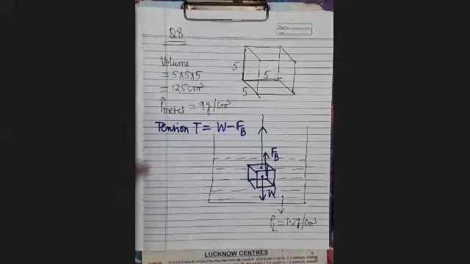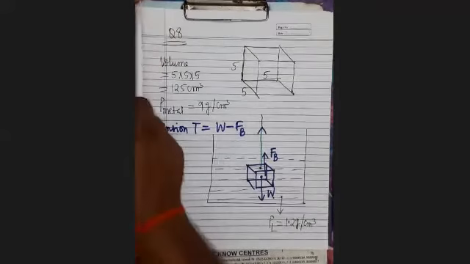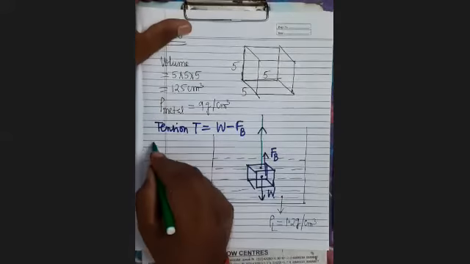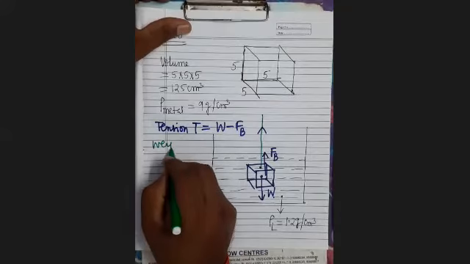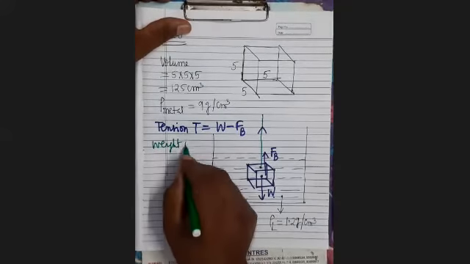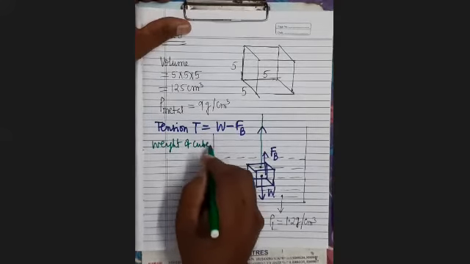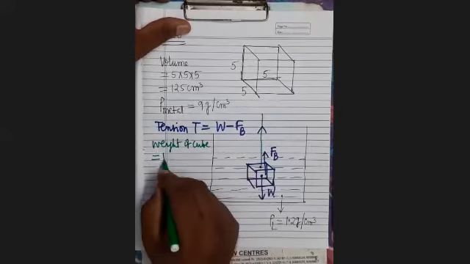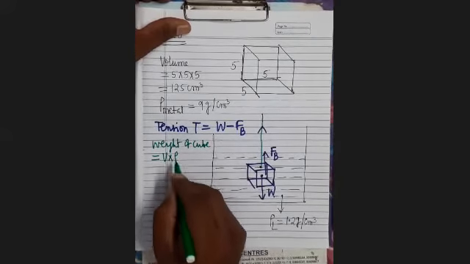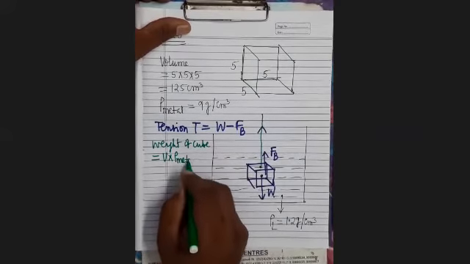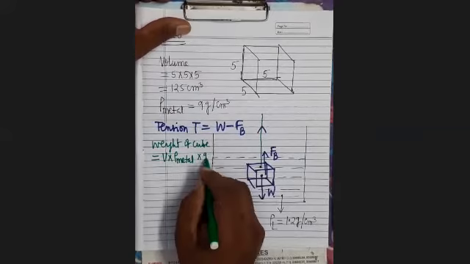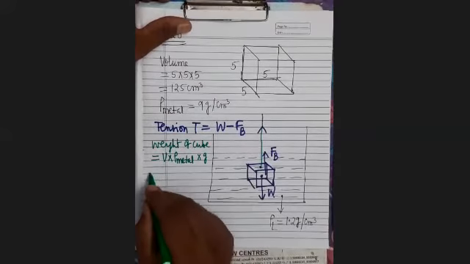Now you find out what is weight and what is upthrust. So see here, weight equals weight of cube. It is the volume into density of metal into G. What is the volume here?